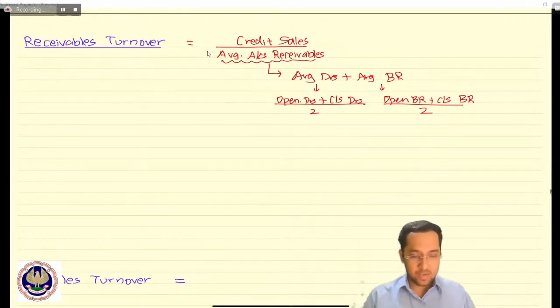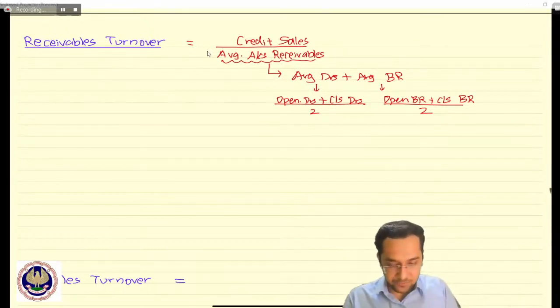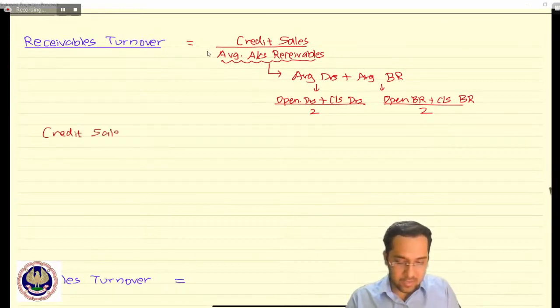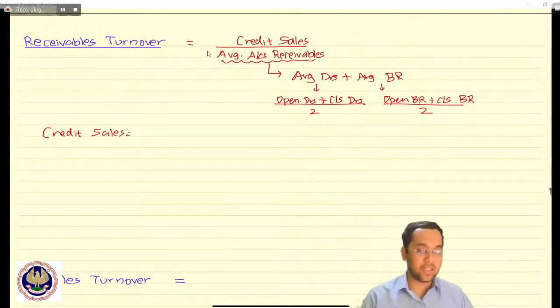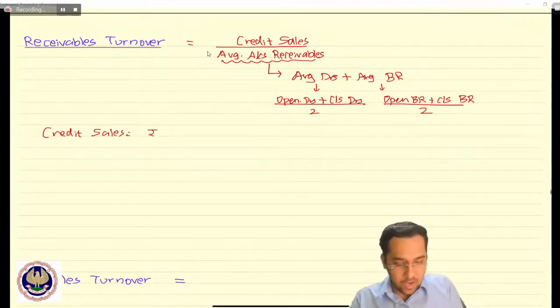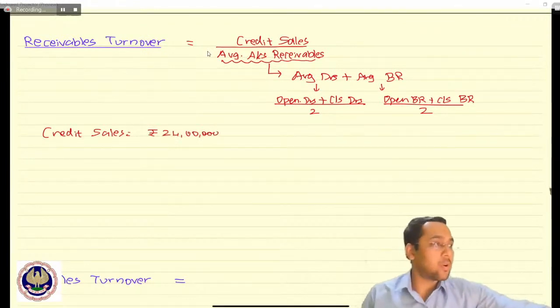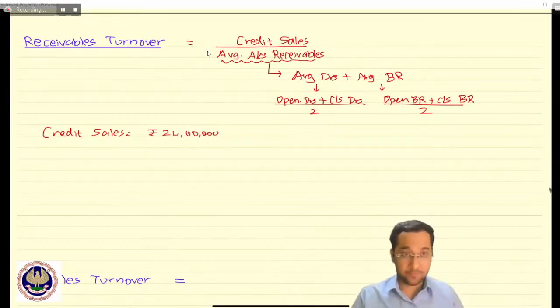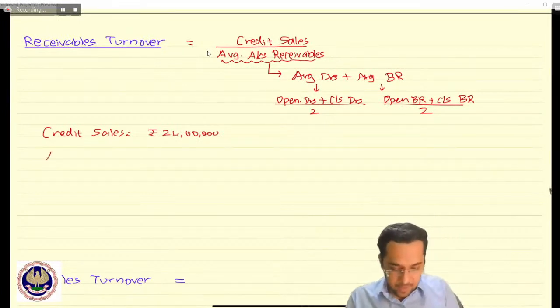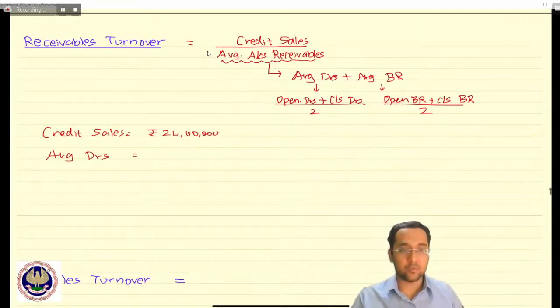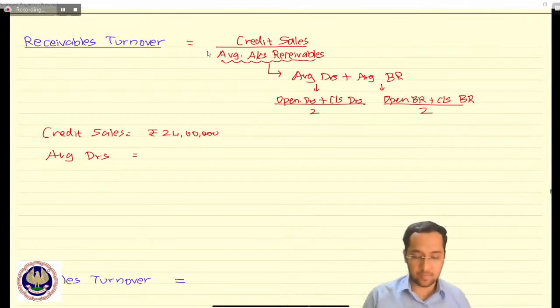Let's understand that part with the help of an example. Suppose the annual quantum of credit sales, the full year quantum of credit sales, is 24 lakh, and let's say we have average debtors in our books, assuming that there are no bills receivable.